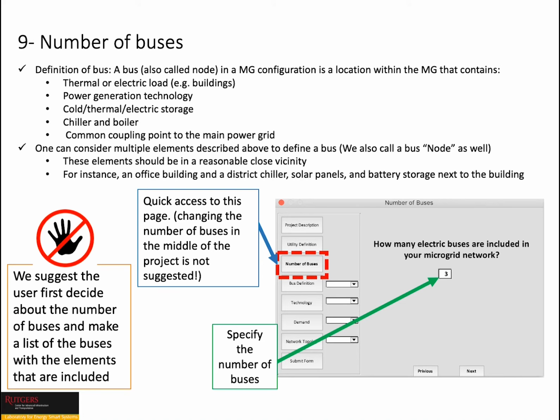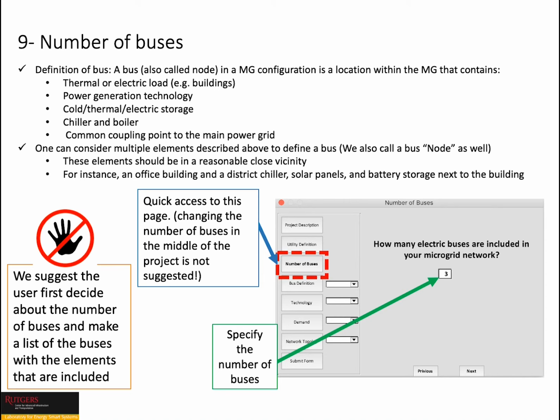In the user interface, bus and node have the same meaning. A node or a bus is a location within the microgrid that contains thermal or electrical demands such as buildings, chillers, and boilers, power generation assets such as PV, CHP, wind turbines, and thermal and electrical storage systems.